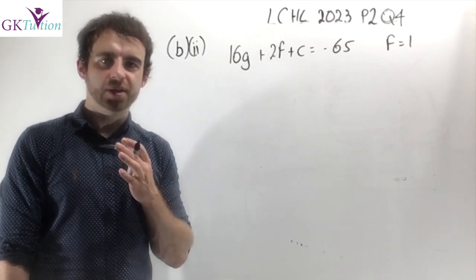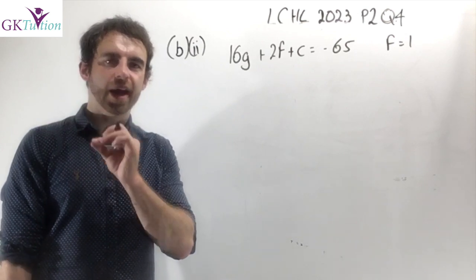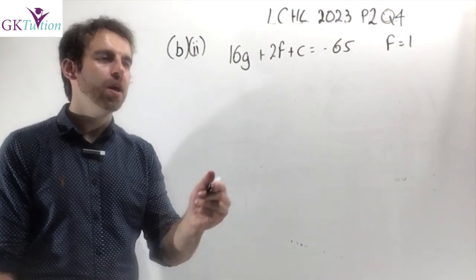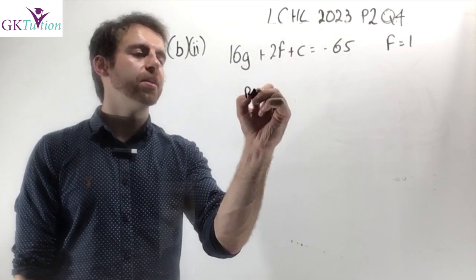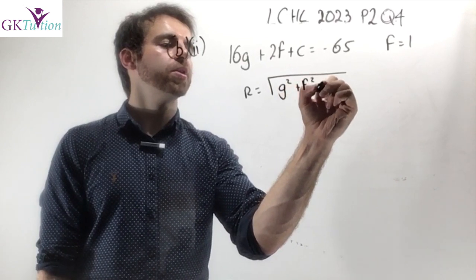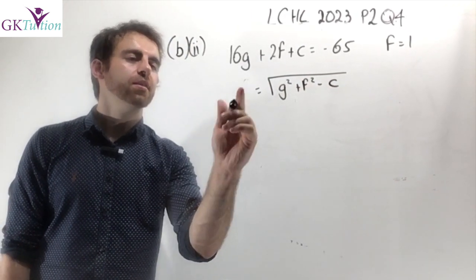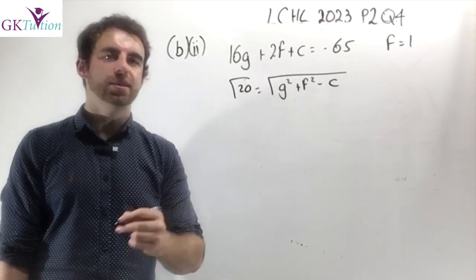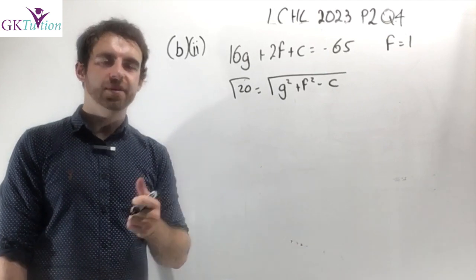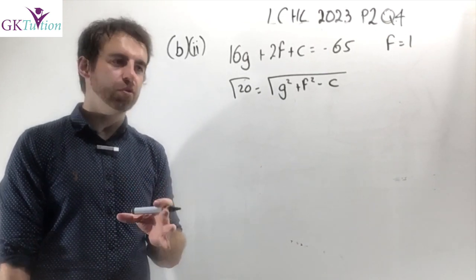Now if you go to page 19 in your maths tables, beside the formula we took at the very start for x squared plus y squared plus 2gx plus 2fy plus c equals 0, it tells me that the radius of a circle is the square root of g squared plus f squared minus c. And I know that the radius of this circle is the square root of 20. So right there, that's an equation with g, f and c in it. So that's the missing piece to the puzzle that students might have struggled with.